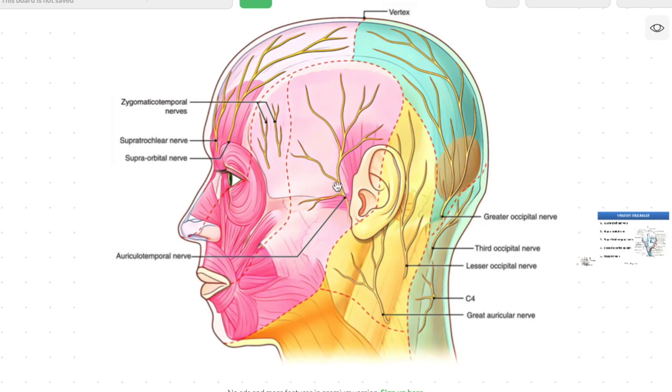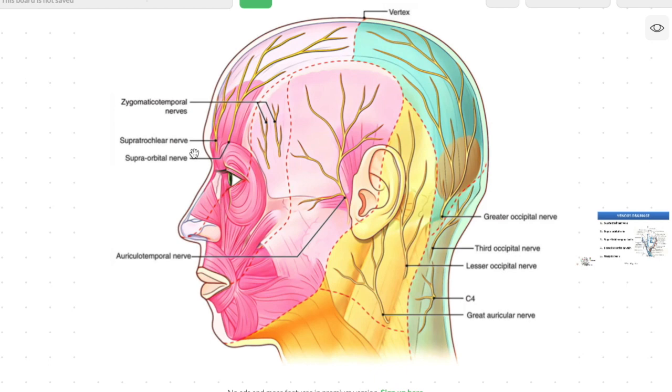Now let's talk a bit about these nerves. Remember, these are the branches of your trigeminal nerve, and these on the back side are the branches of your cervical nerves. We're coming to the cervical nerves in just a bit. Let's talk about the trigeminal nerve branches which are supplying your scalp. First, the supratrochlear nerve, which is a branch of the ophthalmic nerve, supplies the anterior-medial forehead.